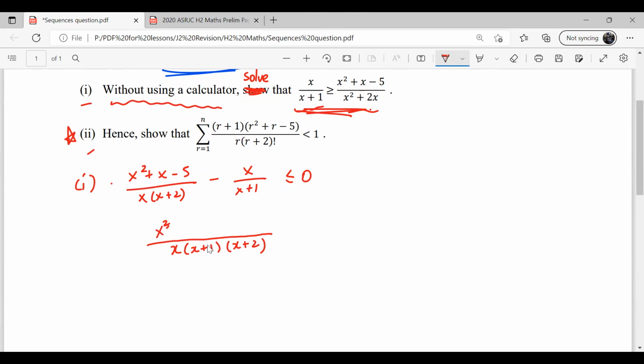So it's x cubed plus x squared plus x. Then after that, x cubed plus x squared, then plus x squared plus x minus 5x minus 5, minus x, open bracket, x squared plus 2x less than or equals to 0.